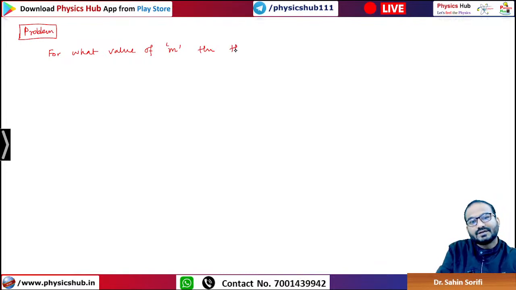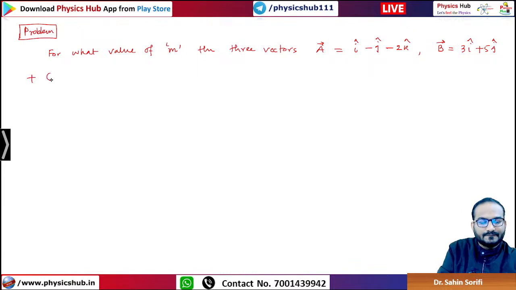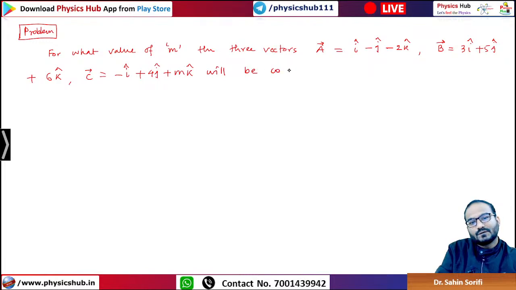Okay, let's go for a problem. For what value of m will the three vectors A equals i cap minus j cap minus 2k cap, B equals 3 i cap plus 5 j cap plus 6 k cap, C equals minus i cap plus 4 j cap plus m k cap be coplanar?